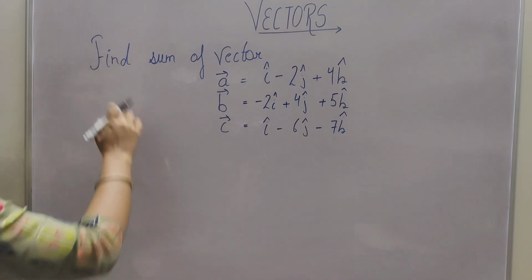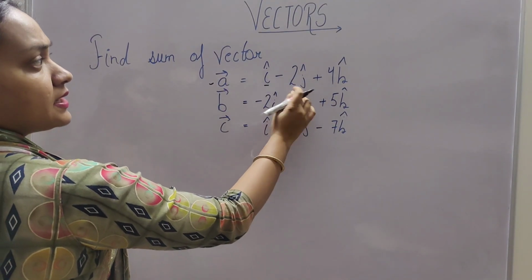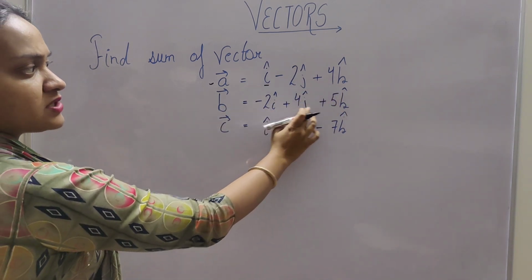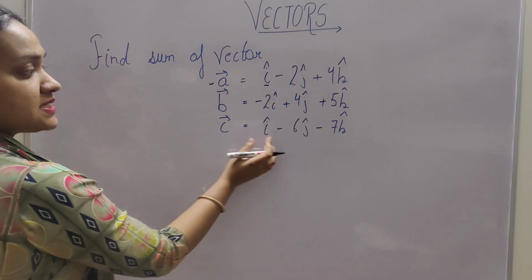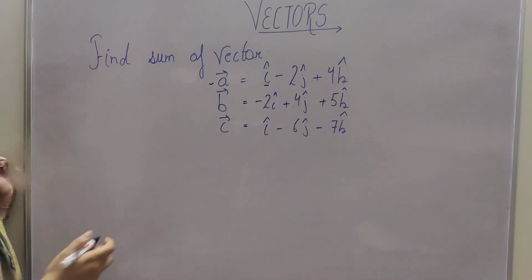So students, in this question, find the sum of vectors where A vector is given by i plus 2j plus 4k, B is given by minus 2i plus 4j plus 5k, C is given by i minus 6j minus 7k.